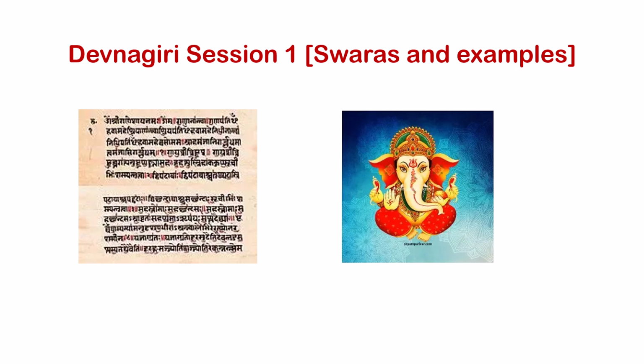One small doubt: we write O with this U only, no? No. Om is different. Om is written with A and U and Ma, which together becomes Om. How it is written, I will show you. There is a difference here.